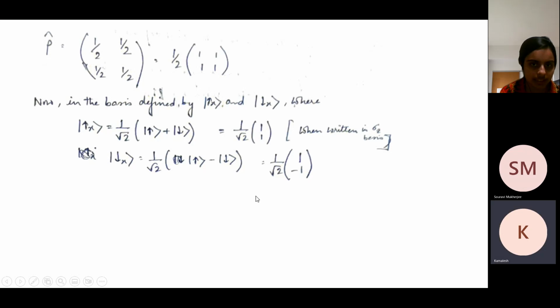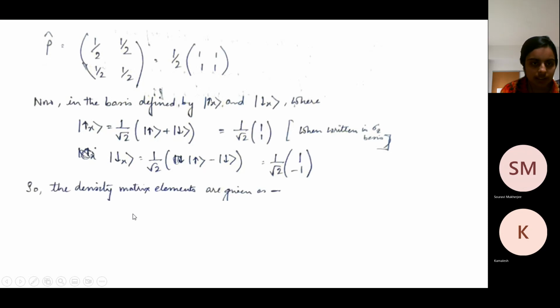Right. So now what the question asks is that you have to find the density elements considering this one and up x and down x as your basis vectors. So for the first element you have to do something like this, correct?